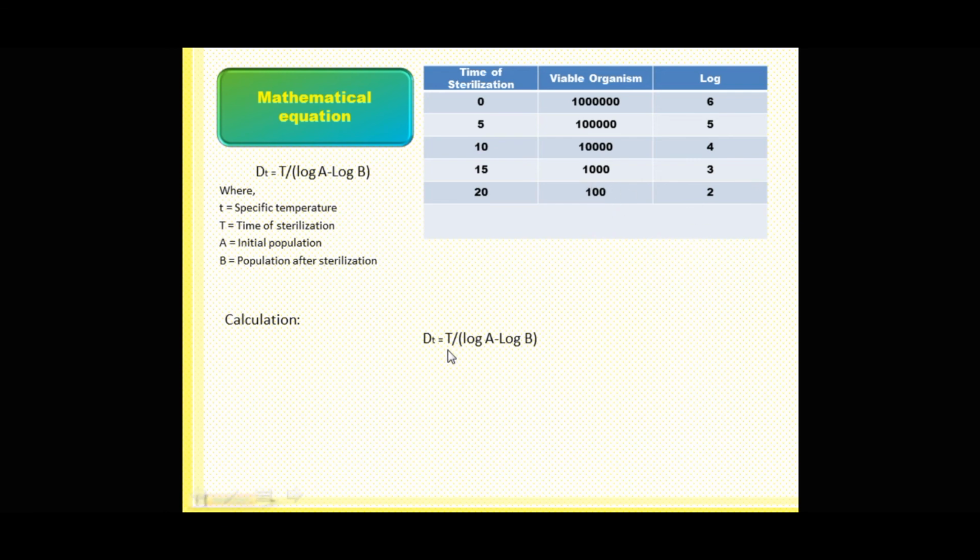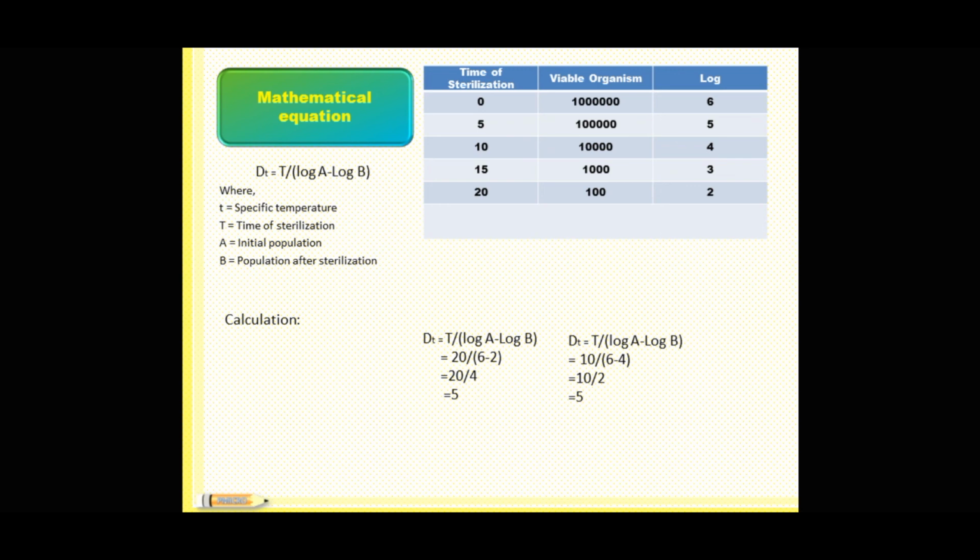So log of 100 is 2. So after 20 minutes of sterilization, log a minus log b is 6 minus 2, which is 4, so 20 divided by 4 gives us 5. Here also the calculated D-value is 5 minutes.